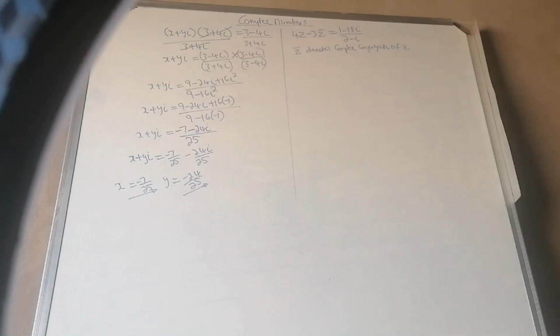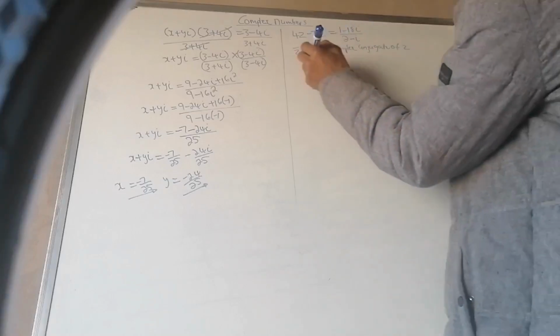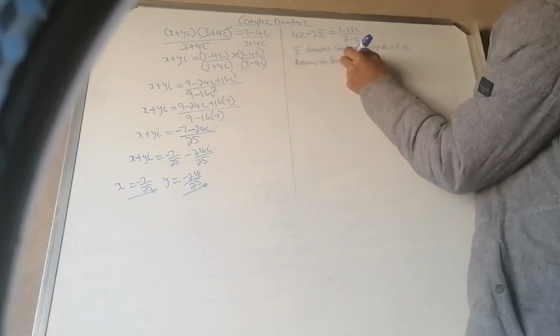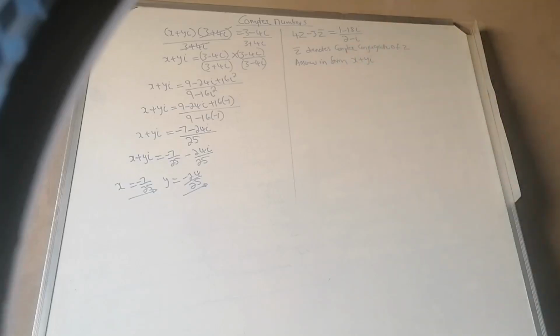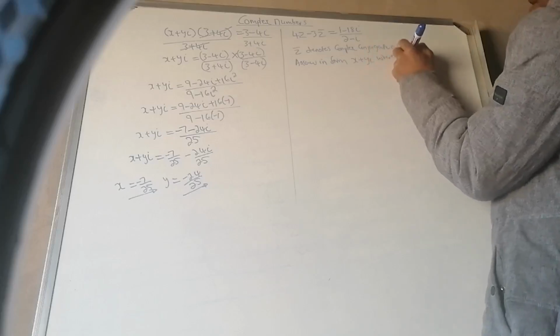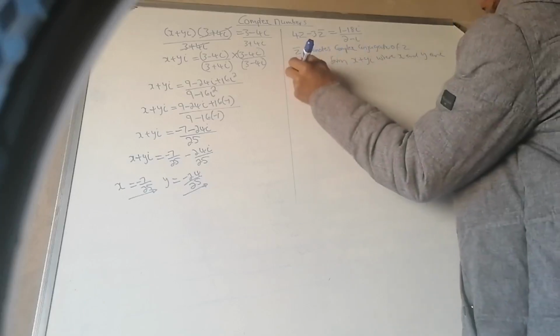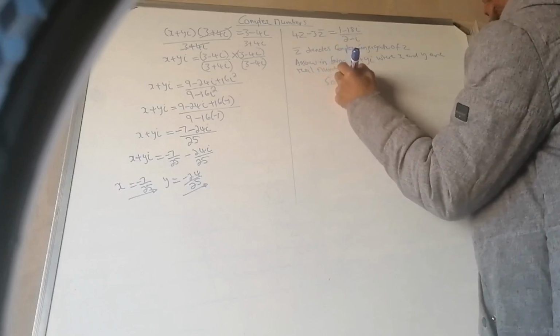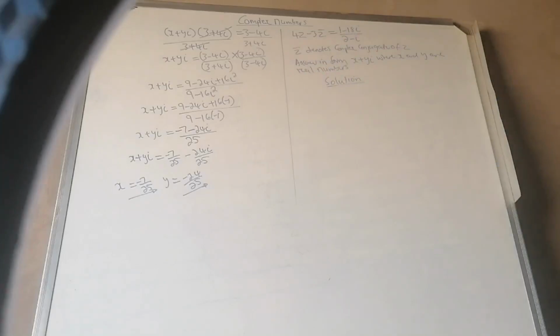Solve the equation, giving the answer in the form x plus yi, where x and y are real numbers. Now, how are we going to even begin with this problem? That is the question. How are we even going to begin with this problem?